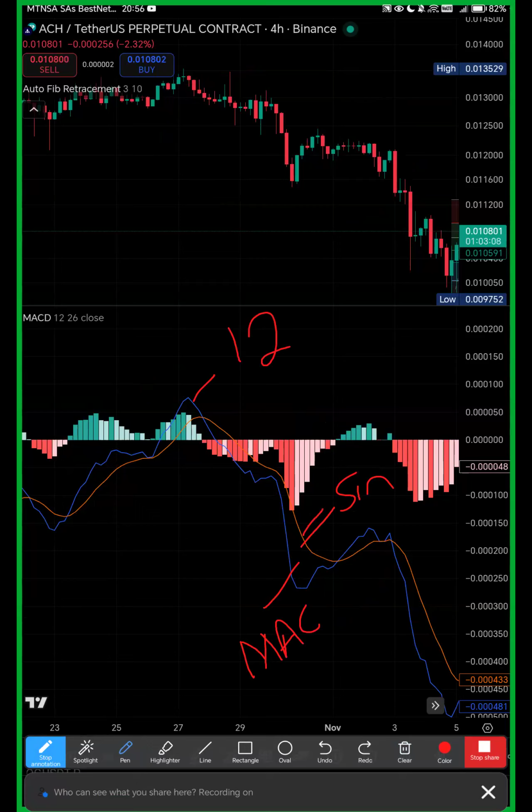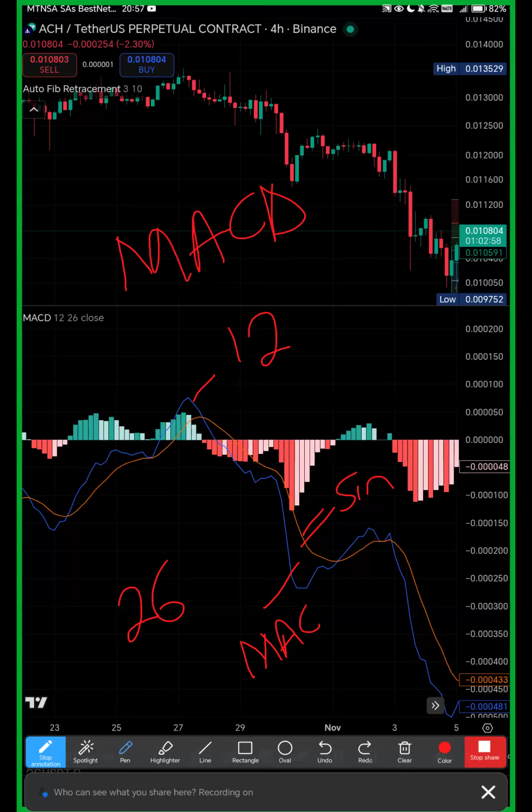The orange one is a 26 moving average. I said that we are looking at moving averages, okay? Because the word MACD means moving average convergence divergence indicator. So the blue one is a 12 moving average, while the orange one is a 26 moving average.